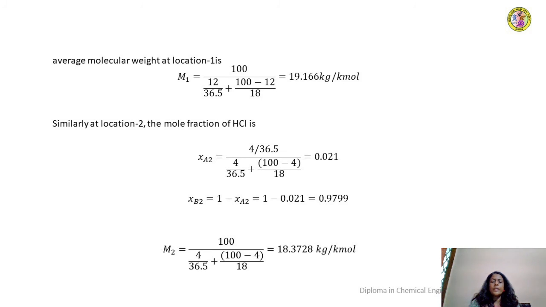At location 2 also we have 100 kg of the solution divided by the moles of component A, which is the weight% of A, 4, divided by the molecular weight, 36.5, plus the moles of water, obtained by subtracting the weight% of A from 100, so (100 minus 4) divided by 18. This calculation gives you the average molecular weight of the mixture at location 2. So M2 will be equal to 18.3728 kg per kilomole.